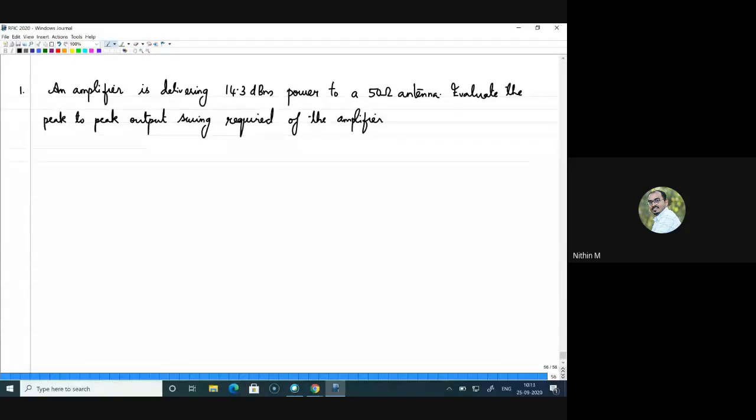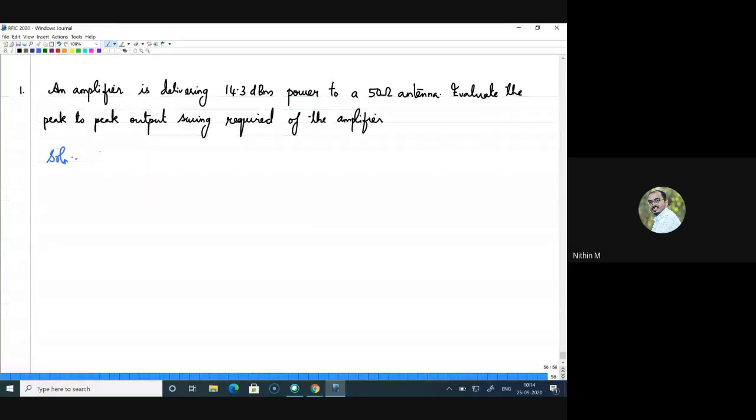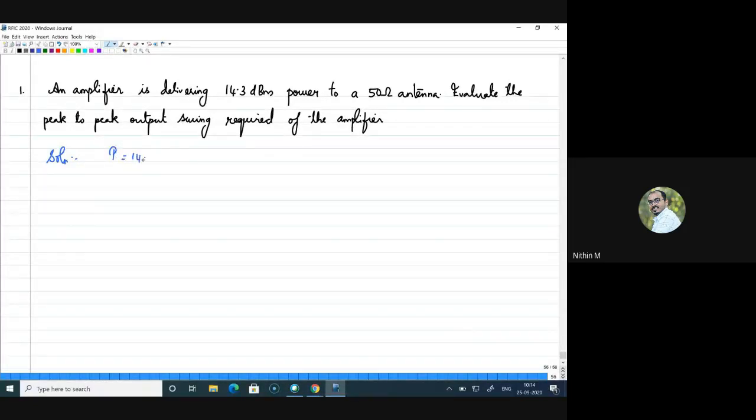We have solved a similar kind of numerical in the beginning. So power is given as 14.3 dBm.